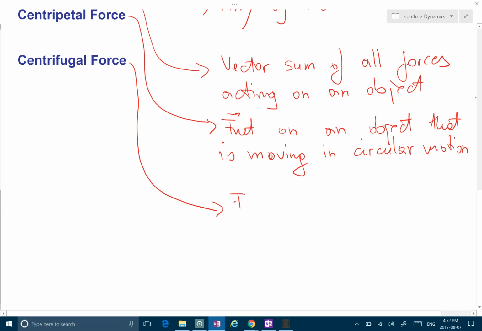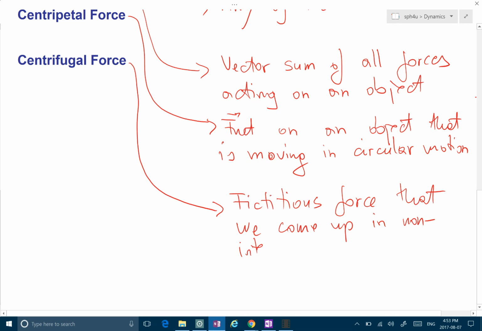Centrifugal force is not a force, it's actually a fictitious force that we come up with in a non-inertial frame of reference, all right, to explain what it is we see.